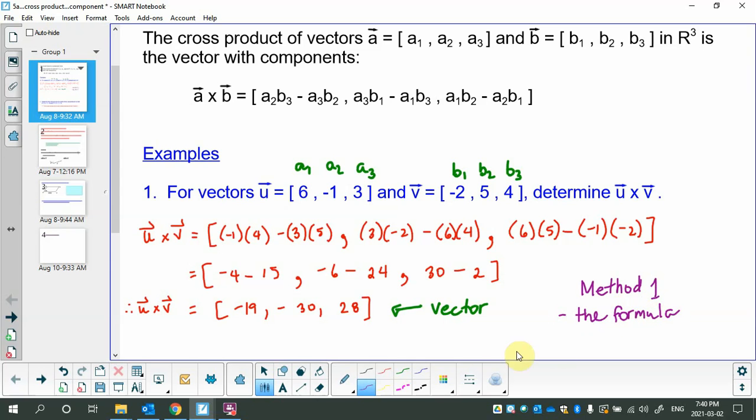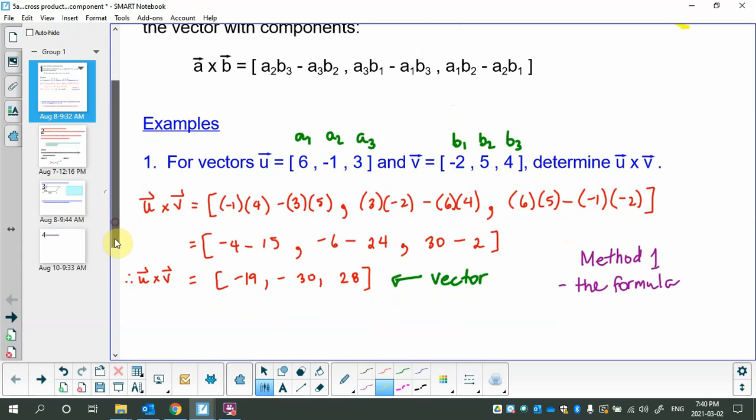Now, the problem for me when I was in high school is that I could never remember this formula. I mean, it's a whole lot of stuff, and my brain just won't fit it. Before I forget and show you the second method, I do want to draw your attention to the fact that cross product can only happen in R3, so you have to have 3 components per vector to pull this off because of this formula.